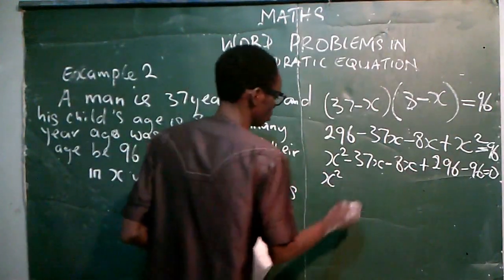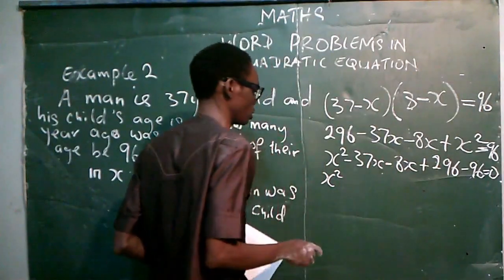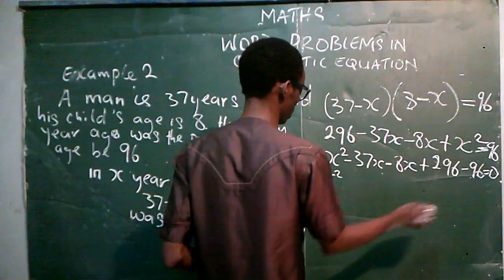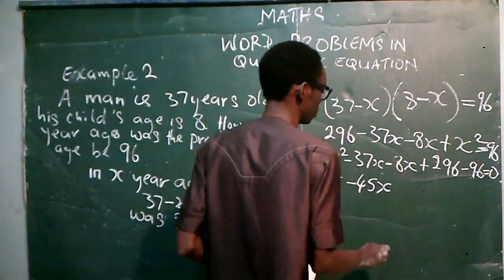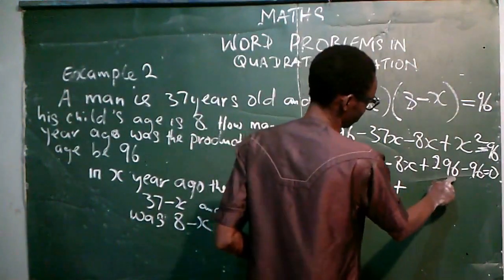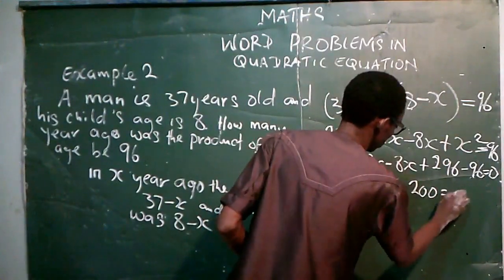x squared, minus 37x minus 8x equals minus 45x, plus 296 minus 96 will be 200, equal to 0.